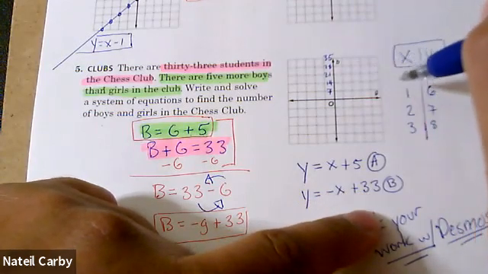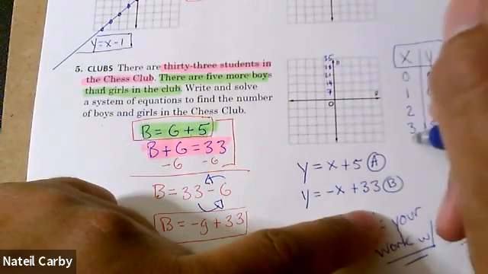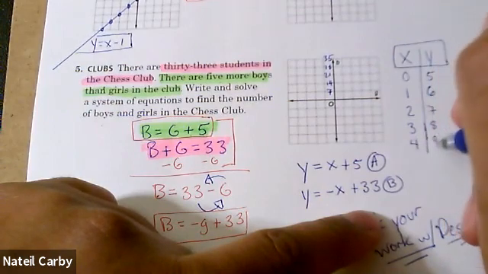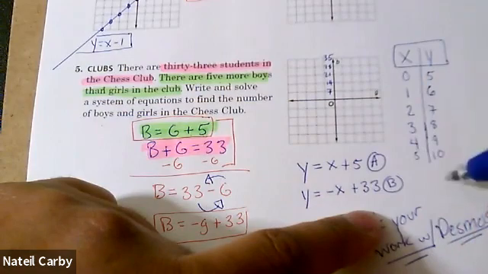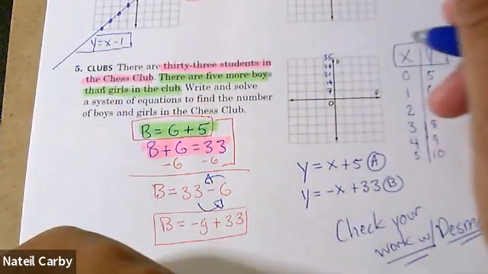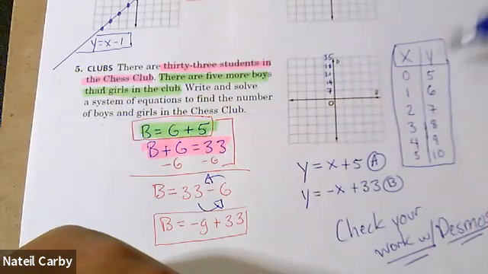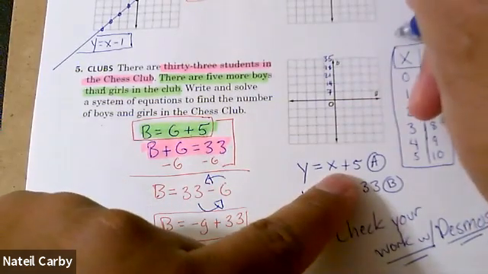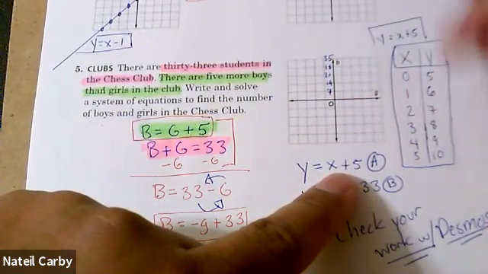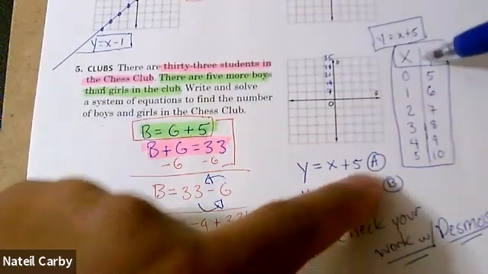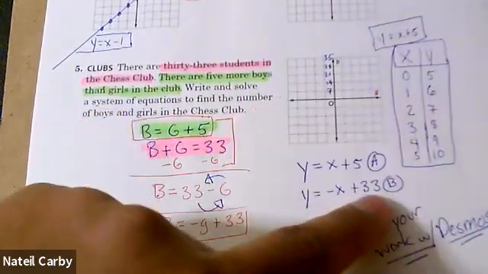X is 4, 9, right? 5, 10. All right. If you want some ordered pairs to kind of help you plot here.